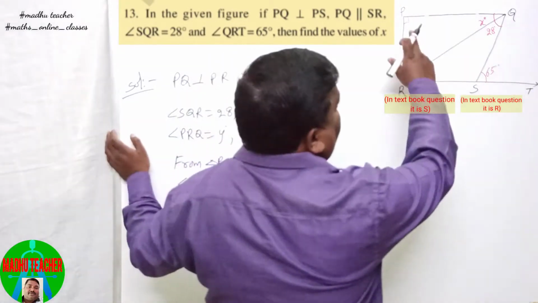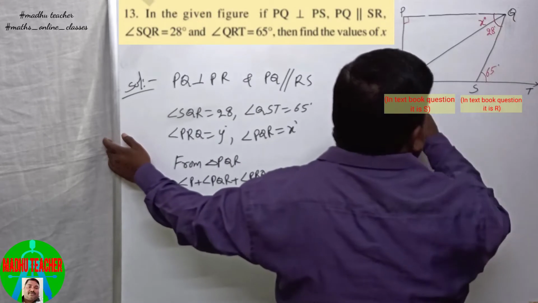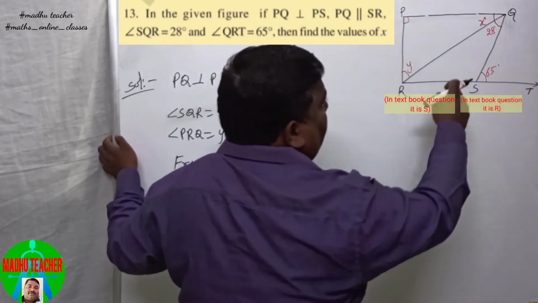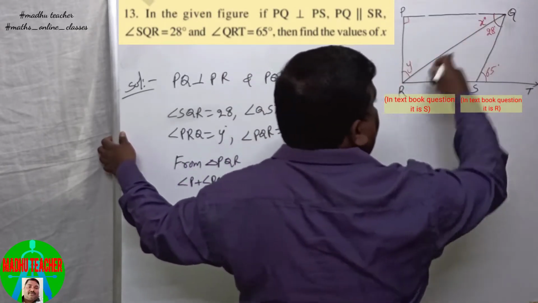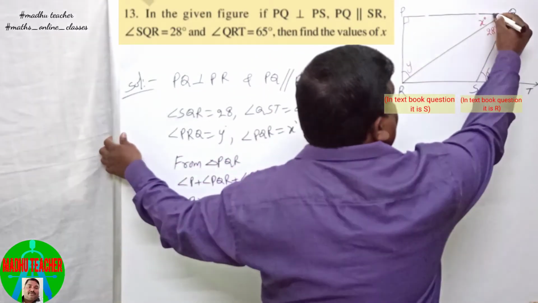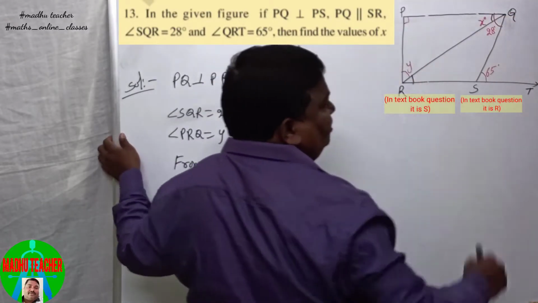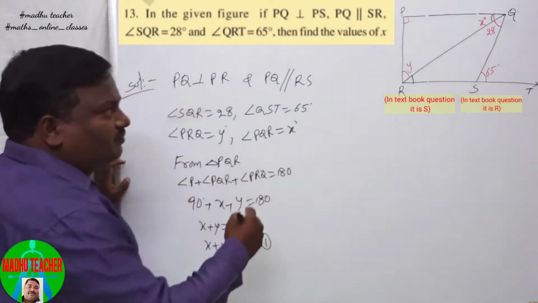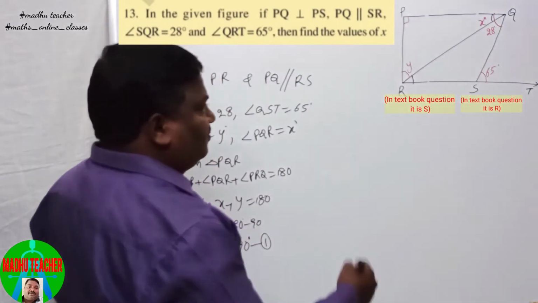Next, here PQ is parallel to RS and RQ is the transversal. Therefore, these two angles are alternate interior angles. Alternate interior angles are equal.